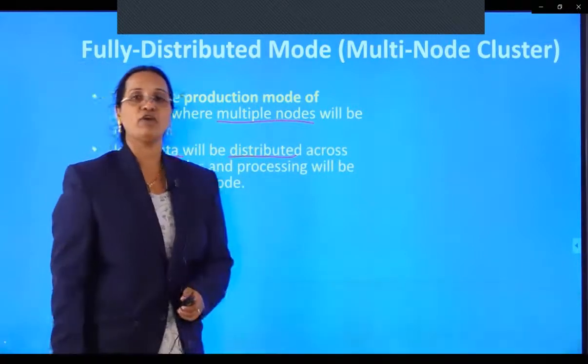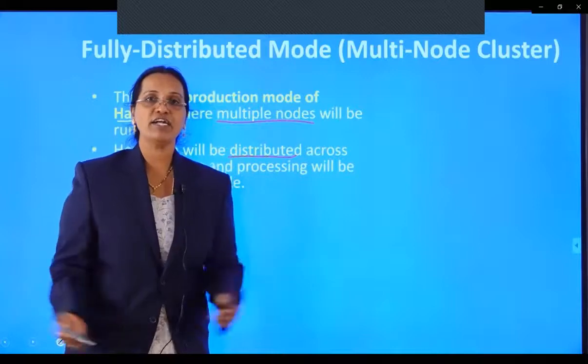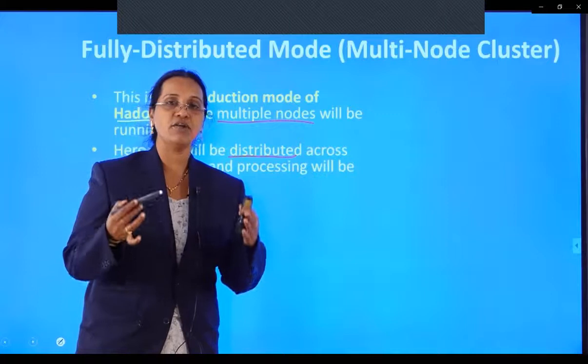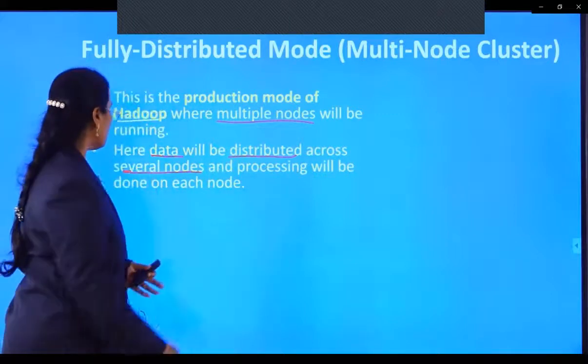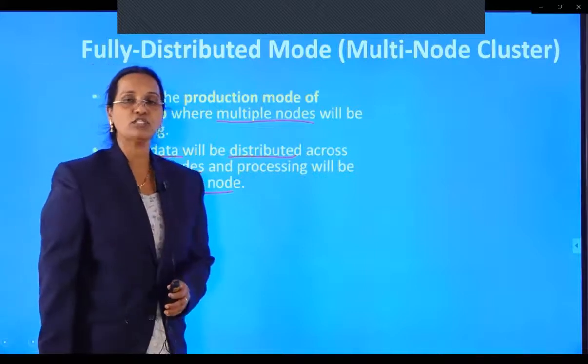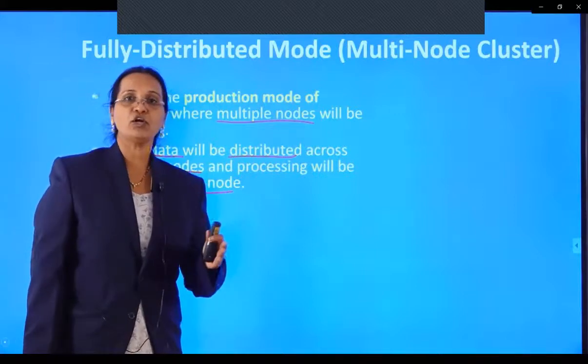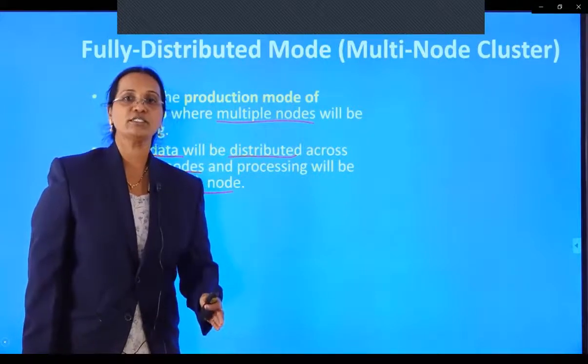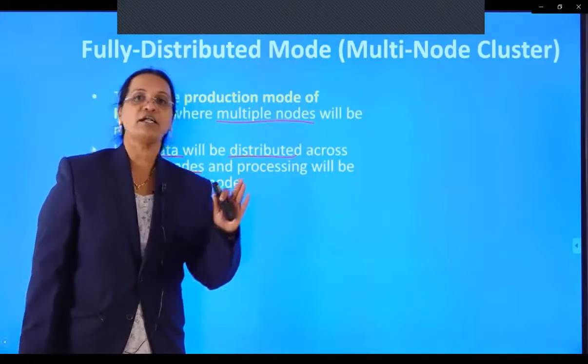Whatever the data I'm having, 1 terabyte of data or some amount of data, all this data will be distributed across several nodes, and processing will be done on each node. If I'm having 100 nodes and I'm making use of all 100 nodes, data will be available on all 100 nodes in the form of blocks, and processing will be done on all 100 nodes.